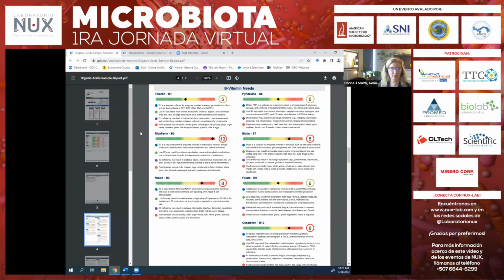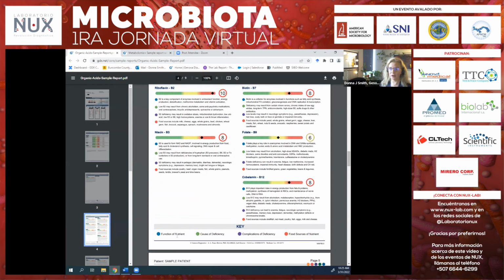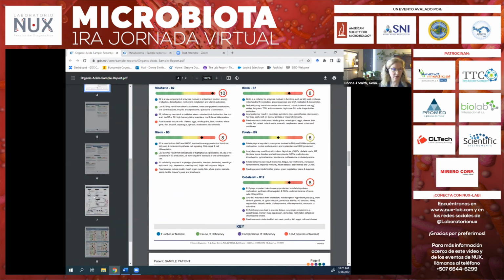And then the last bullet point emphasizes food sources for each nutrient. At the bottom of these pages, there is a key letting you know what each bullet point indicates.